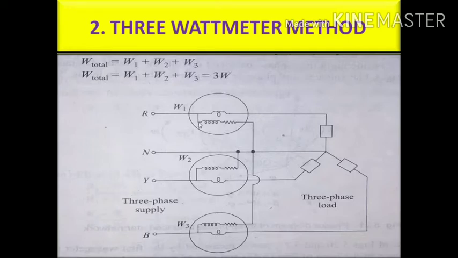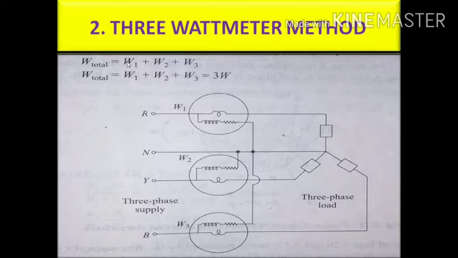Here you can see the pressure coils of each wattmeter are connected to a single point called the neutral point. The pressure coil of W1 is connected to neutral, the pressure coil of W2 is also connected to neutral, and the pressure coil of W3 is also connected to neutral.